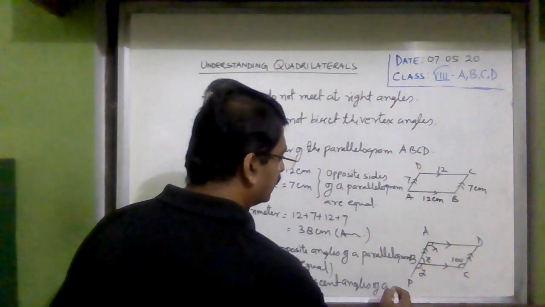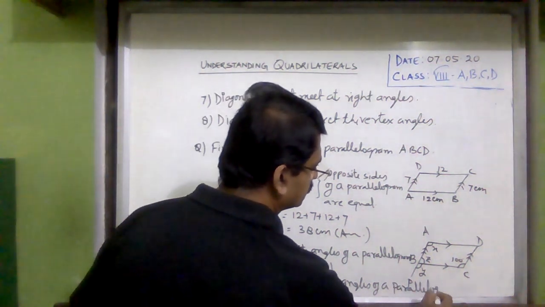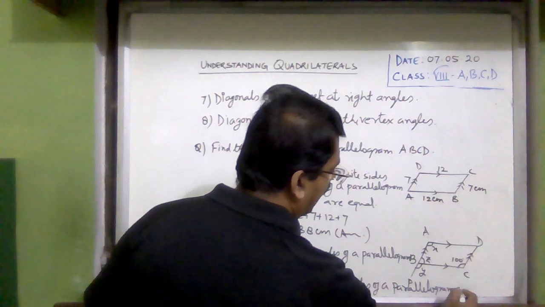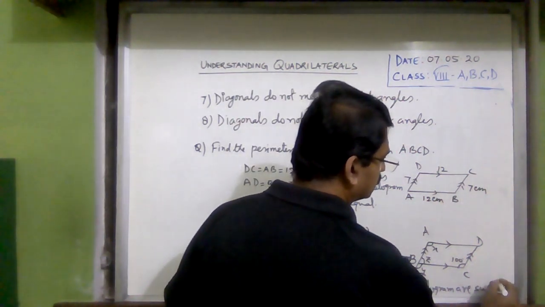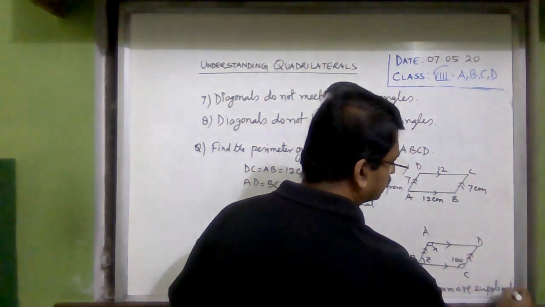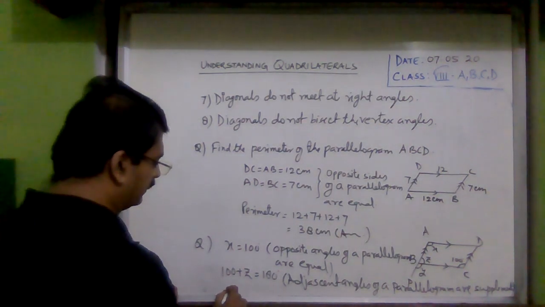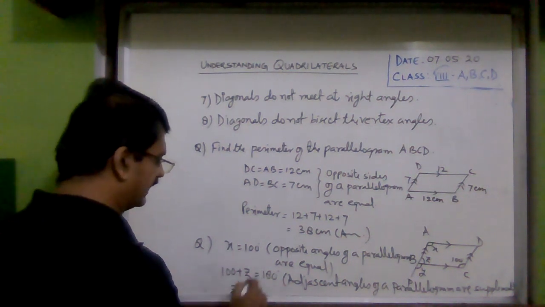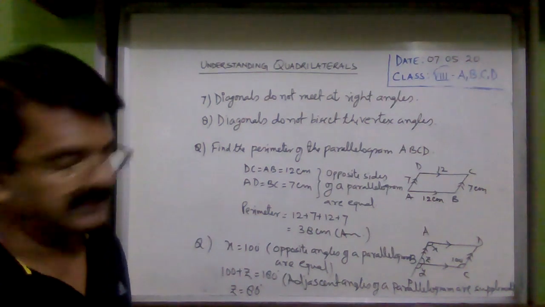That means Z will be equal to 180 minus 100, that is 80 degrees. So you can see we have found X and Z.